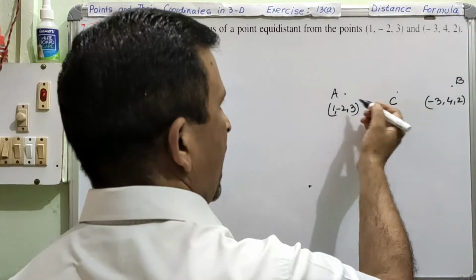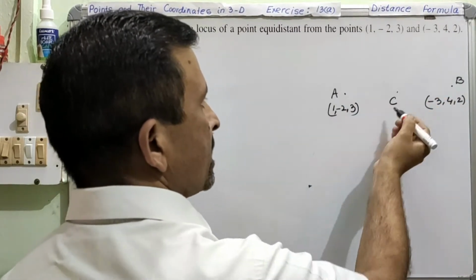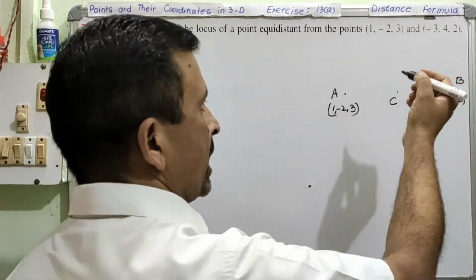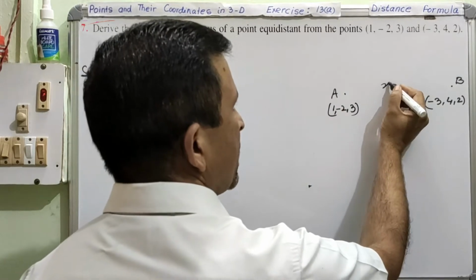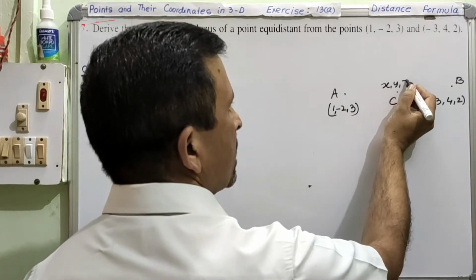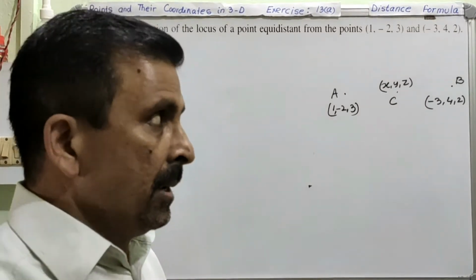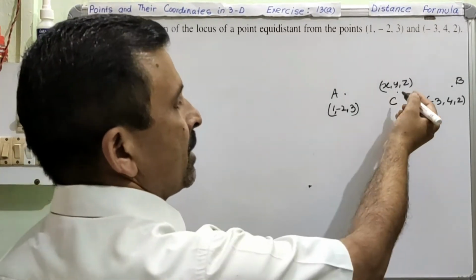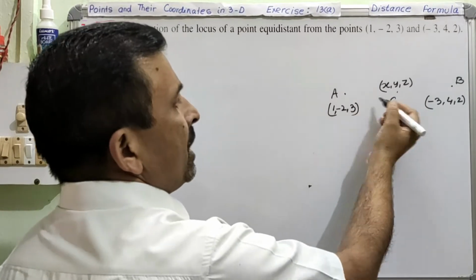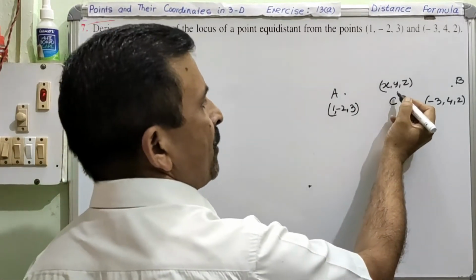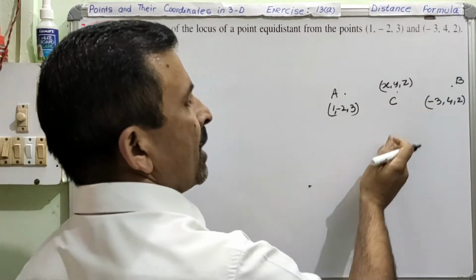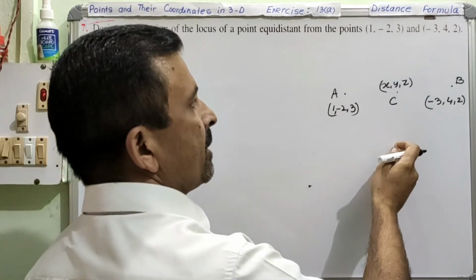And the same way as A and B have coordinates, C also should have coordinates. So we can assume that the coordinate of C to be X, Y and Z. Am I very clear? So what we can do is we have to find the locus of this point. We have to find the path of this point, right?